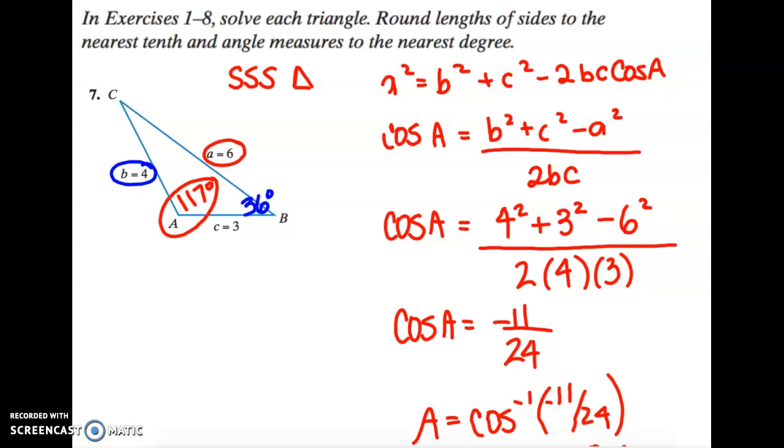Last step is to use your triangle sum theorem. We have this angle here of 117 degrees, this one of 36 degrees. If we want to find that last angle, you just use your triangle sum.